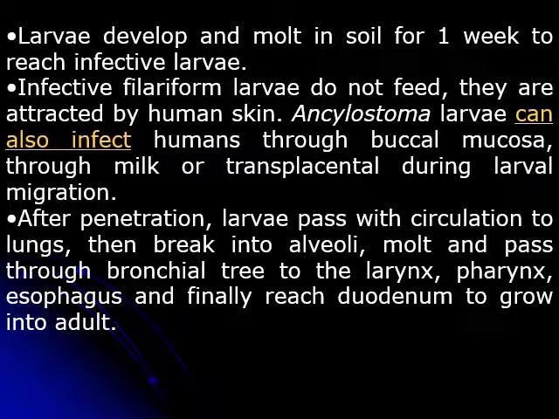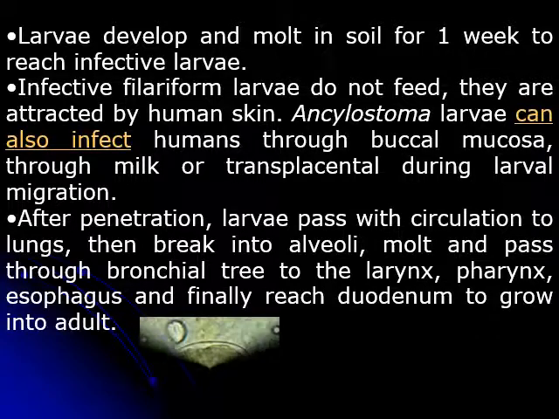After penetration, the larvae pass with circulation to the lungs, then break into alveoli, molt, and pass through the bronchial tree to the larynx, pharynx, esophagus, and finally reach the duodenum to grow into adults.